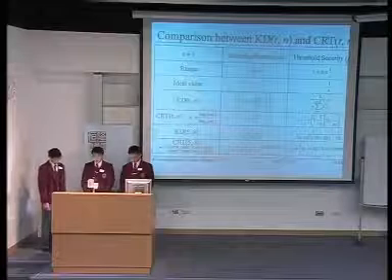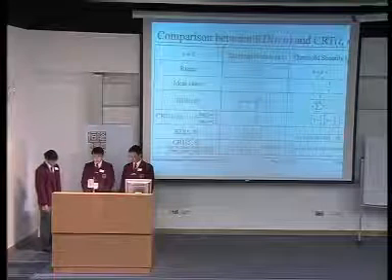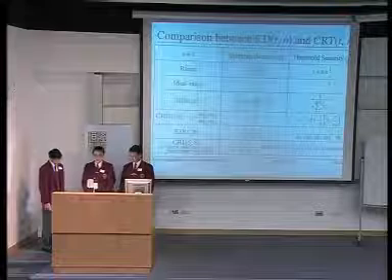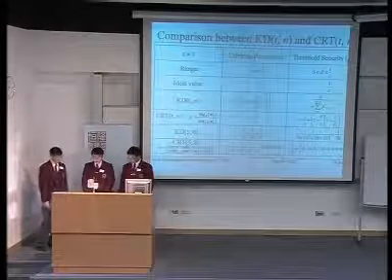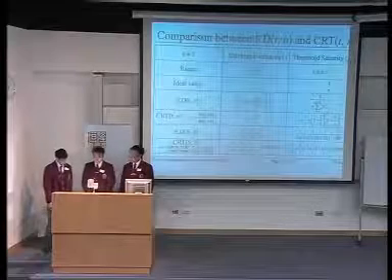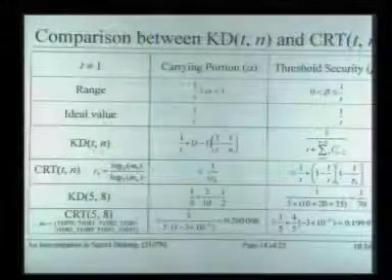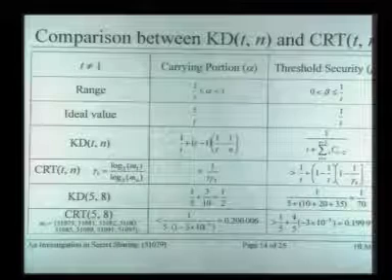Alpha and beta of KD differ from the ideal values significantly for non-trivial cases. When gamma 1 is close to 1, alpha and beta of CRT are very close to the ideal values.